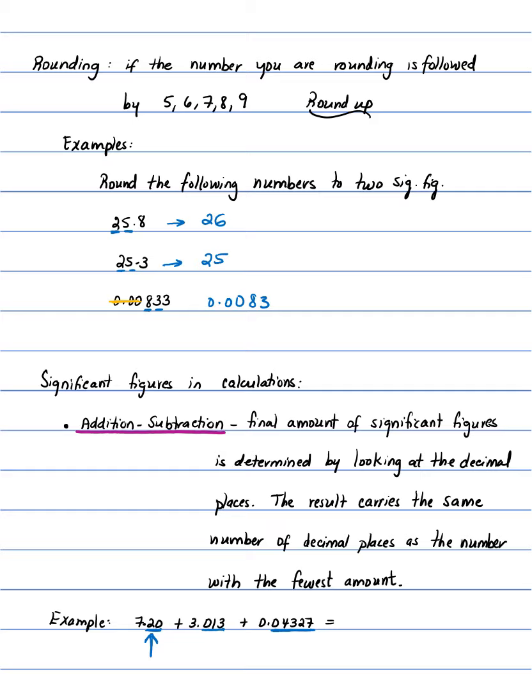7.20 plus 3.013 plus 0.04327. I'm going to copy the whole number that I have in the calculator. 10.25627.